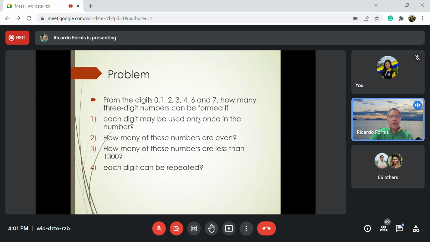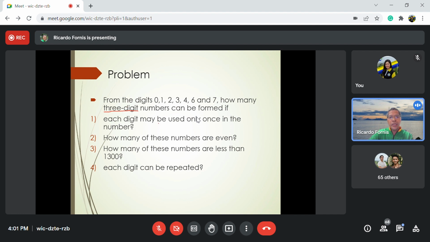Now, this kind of problem, you solve it using the principle of counting. I repeat, use the principle of counting. Understand that you are going to form a 3-digit number.